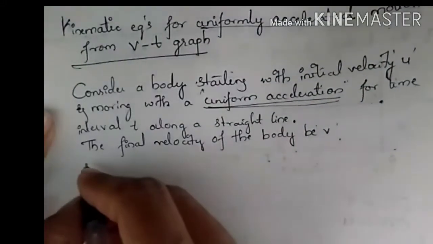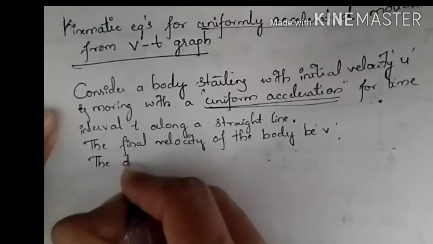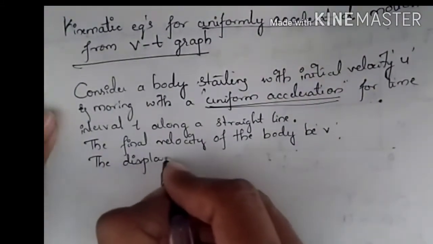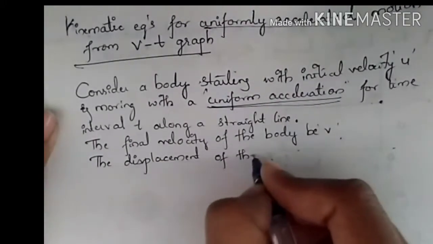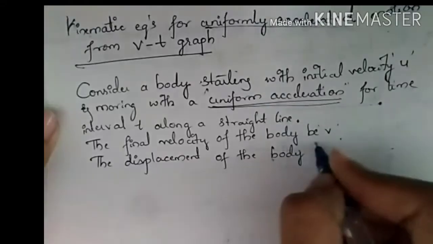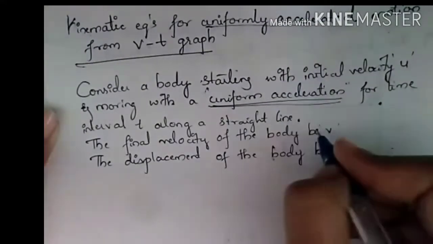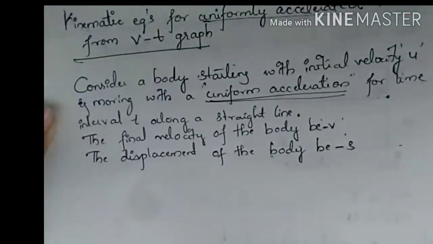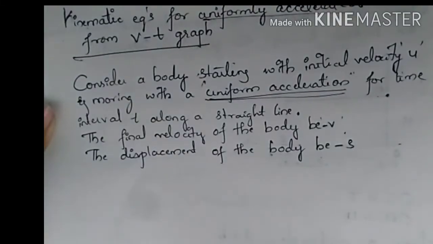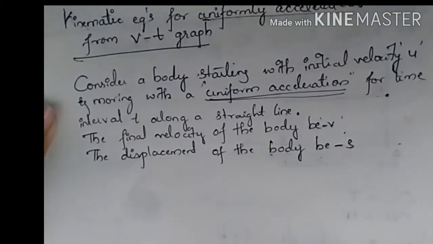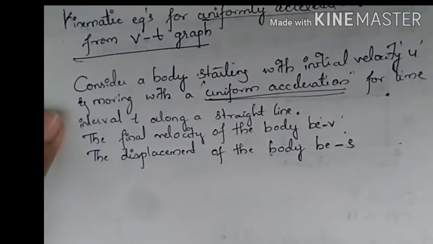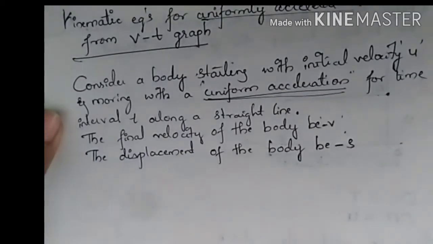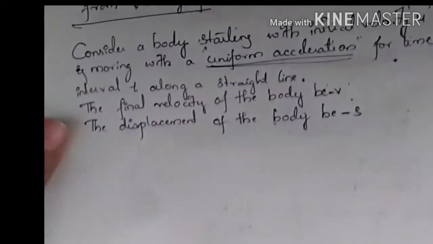Now the displacement of the body be s. So the final velocity is v, displacement during this time interval be s. For this, let us try to put the velocity time graph for the motion of the body.